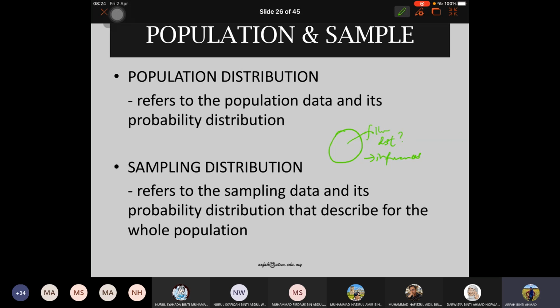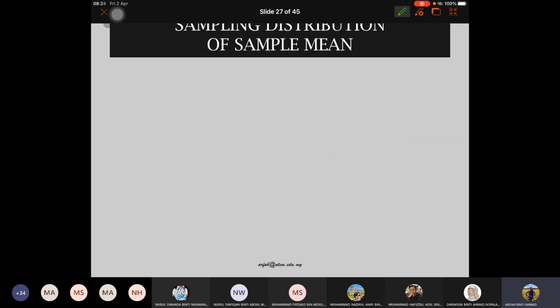Okay. So this is sampling distribution. So kita akan ada dua parameter that you are going to learn, mean iaitu mu atau x bar. Mu is population and x bar for sample. And lagi satu kita ada proportion. Later on kita akan tengok sampling distribution untuk proportion, that is P for population proportion or P hat for sample proportion. So dua parameter ni yang kita akan belajar.